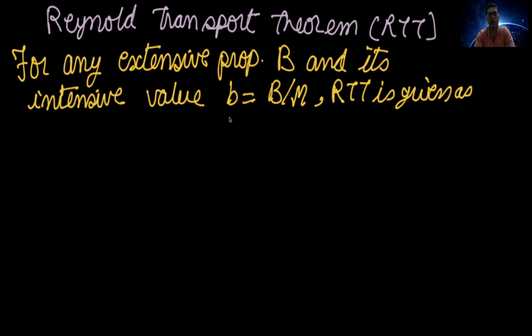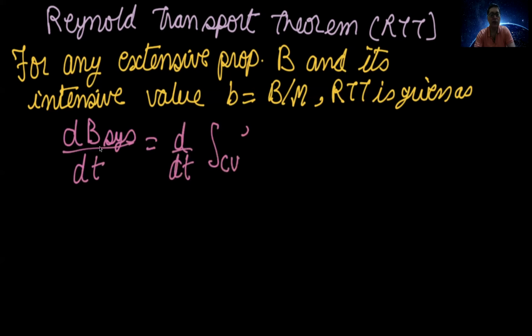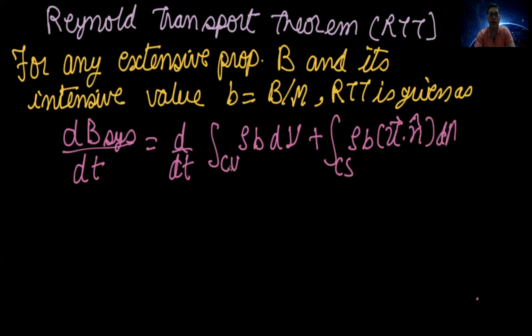In the Reynolds transport theorem, we use two symbols, capital B and small b, where capital B corresponds to an extensive property and small b corresponds to an intensive property. So the Reynolds transport theorem was presented as dB_system/dt equals d/dt of the integral of rho b dV, note that this is volume, plus the surface integral of rho b (u dot n) dA.